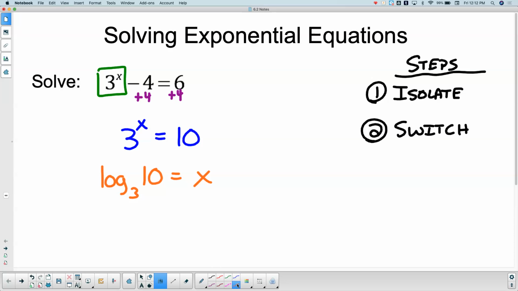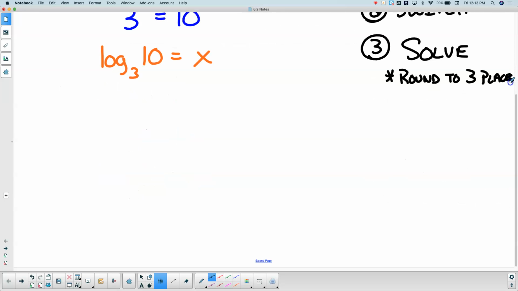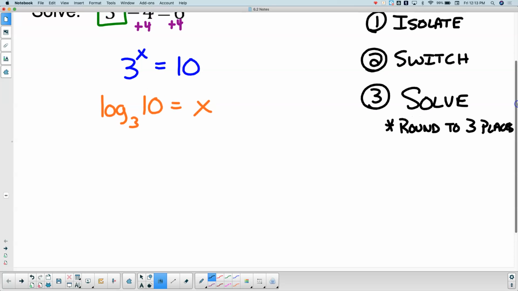Once we've switched forms, now we solve. I want to solve this for x. Now when we solve, we're going to round to 3 decimal places whenever possible.